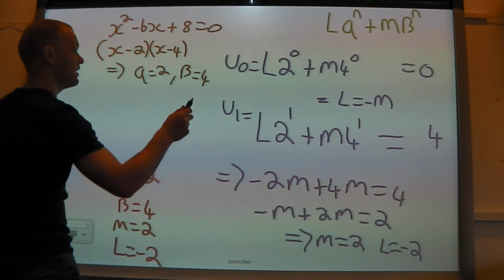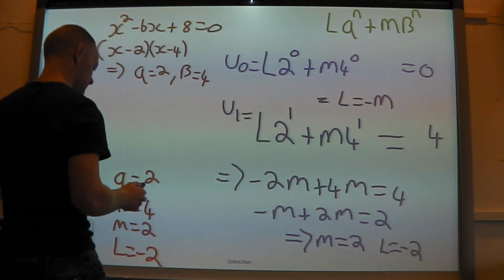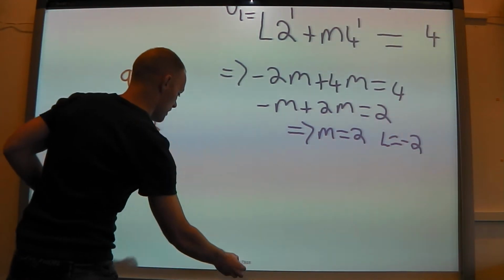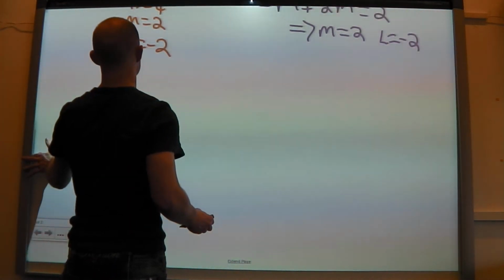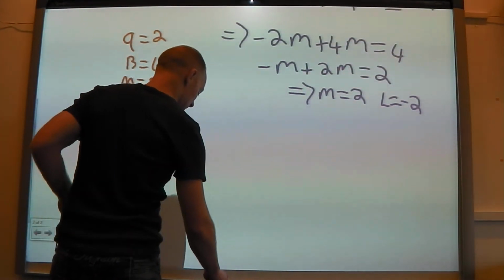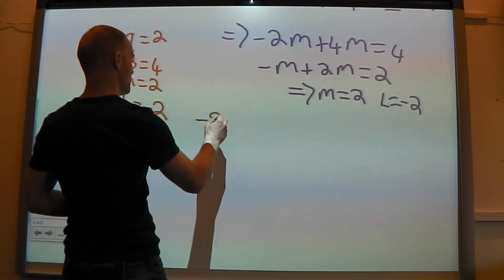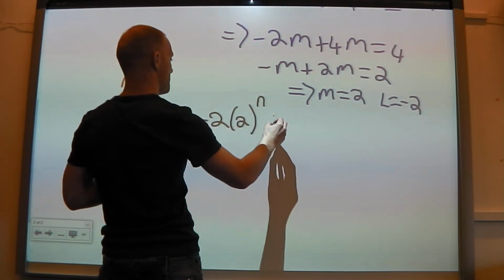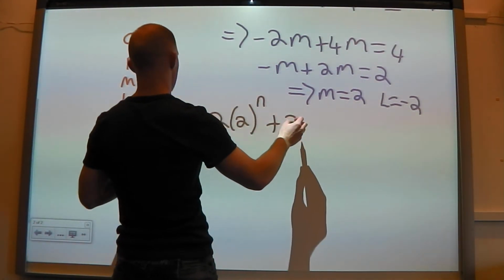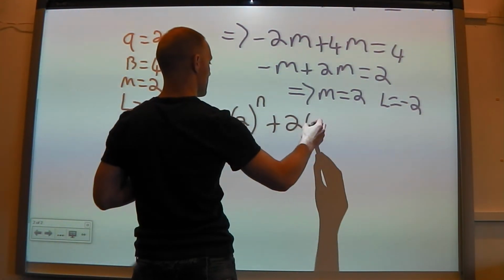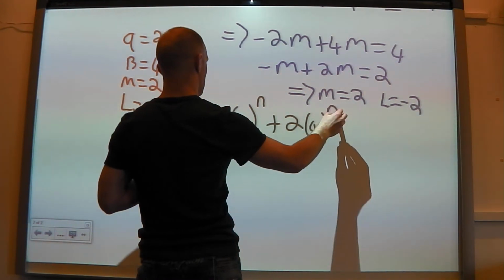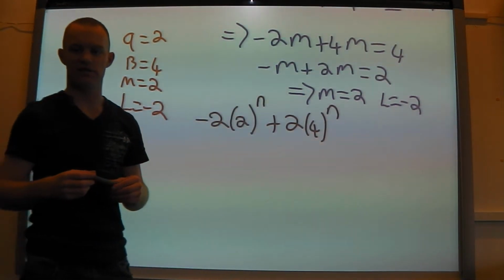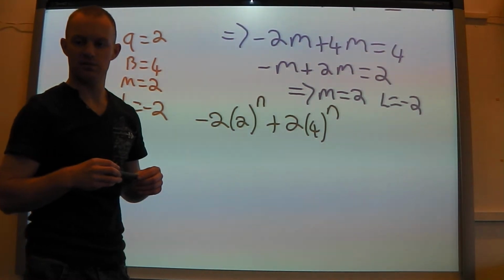Now don't forget your formula here, it's L alpha to the n plus m beta to the n. So L, which is negative 2, times alpha, which is 2, plus m, which is 2, times beta, which is 4, to the power of n. So that should be your general equation for this part.